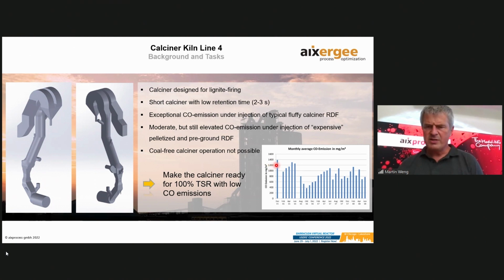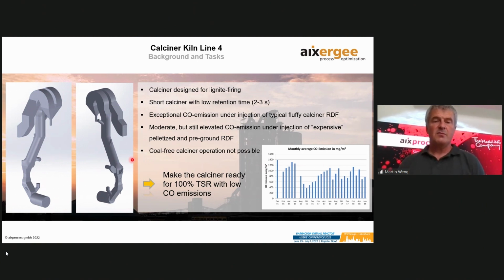So here is the 1,000 milligrams per normal cubic meter limit, and these are monthly averages. So that is high. It's too high to have permanent operation. So that was one of the reasons to do a retrofit here.